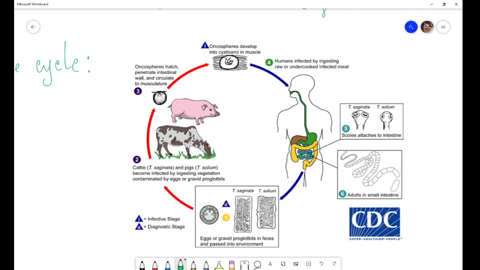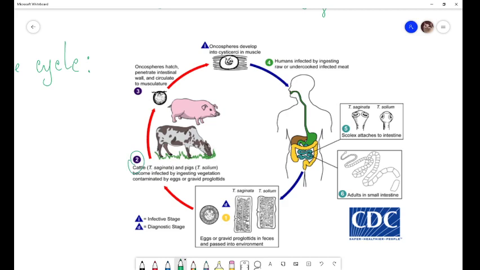It has a very difficult and very good surface. Cattle, for Taenia saginata, and pigs, for Taenia solium and Taenia asiatica, become infected by ingesting vegetation contaminated with eggs or gravid proglottids. It is the second stage.